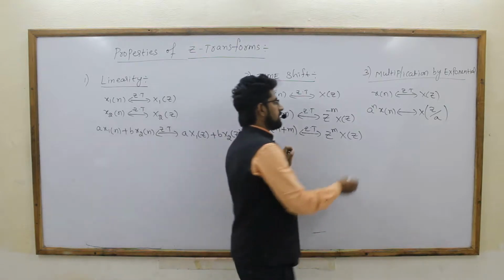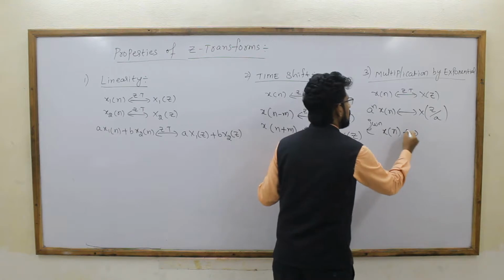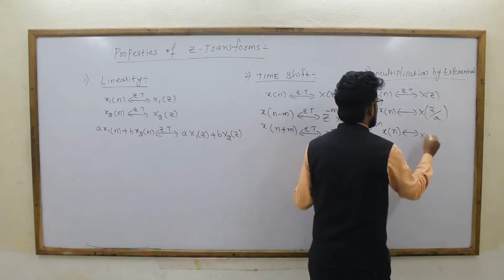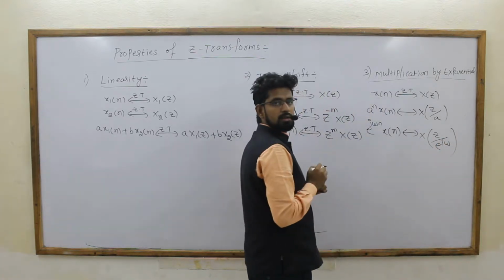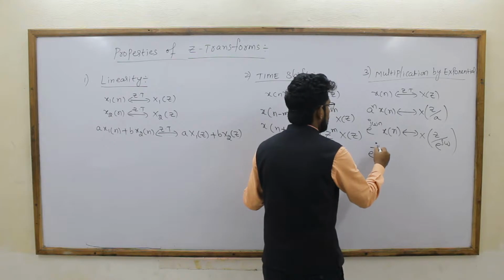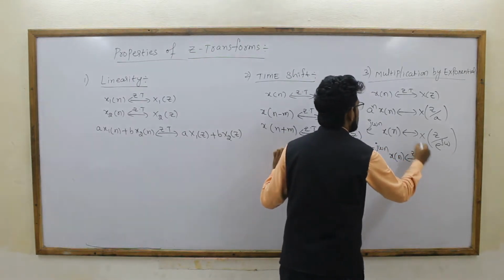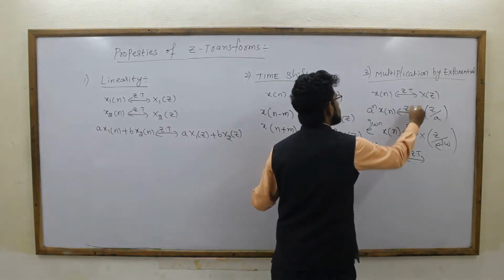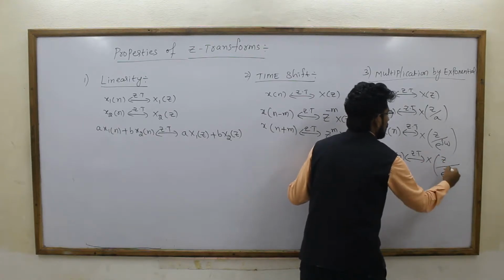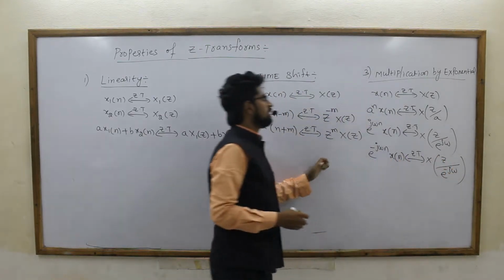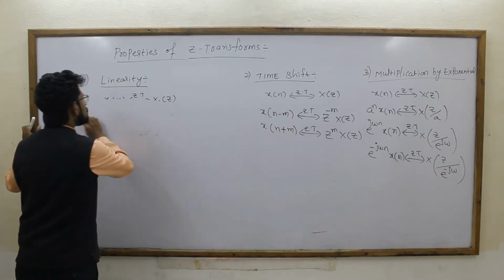And let us go with one more exponential. e power j omega n x of n has the Z transform X of z by e power j omega. e power minus j omega n into x of n has the Z transform X of z by e power minus j omega. Right? This is the multiplication by exponent property.